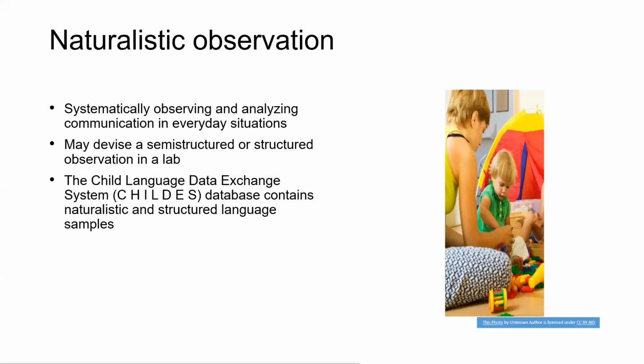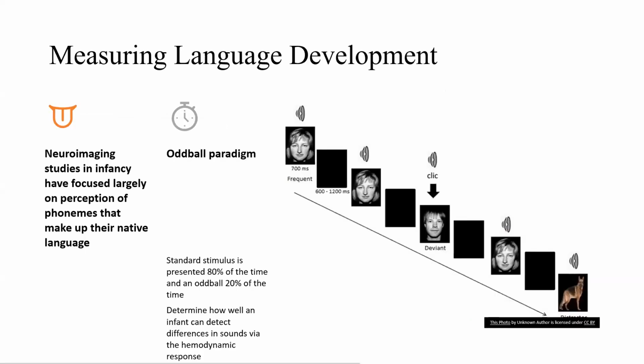All right. So the next thing is there are some really awesome neuroimaging studies that really have looked more at perception of phonemes and babies' abilities to perceive differences in phonemes.